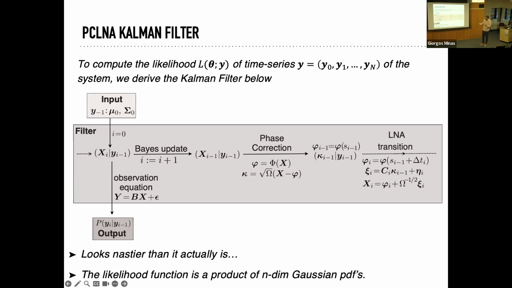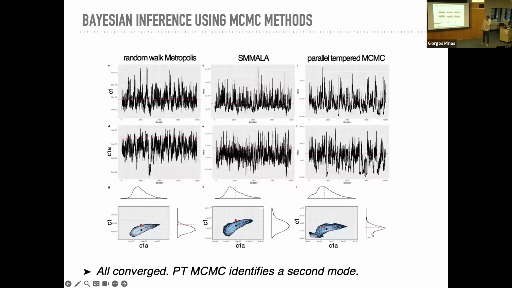It's still computationally heavy, but it's doable, which is very unlike this setting. With such a large system, it's very rare that you can compute the likelihood of time series observations with these underlying mechanistic models. The likelihood function is a product of multivariate Gaussian PDFs.